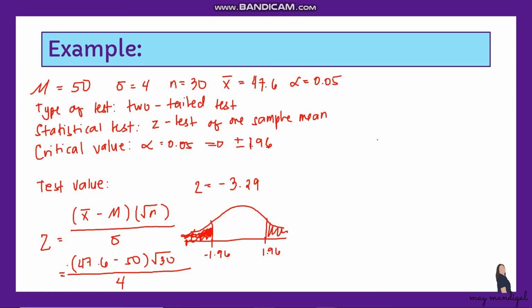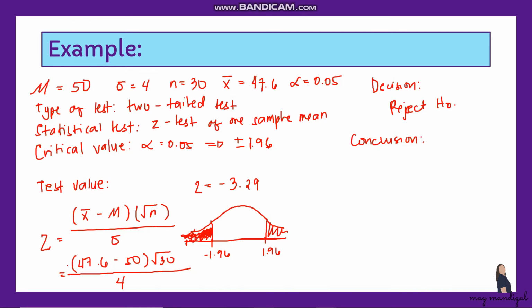So since our test value falls within the rejection region, our decision is to reject our null hypothesis. Because again, it falls within the rejection region. So it only means we have to reject our null hypothesis.